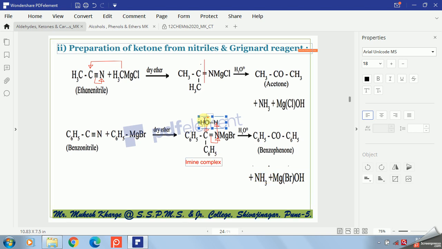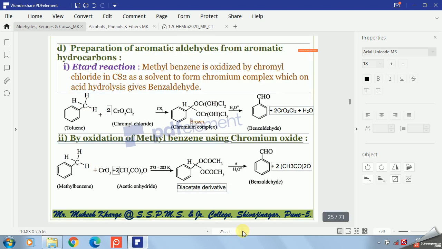Okay, after shifting this hydrogen to nitrogen. So in this way you can write your product.